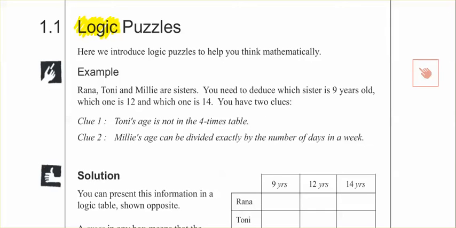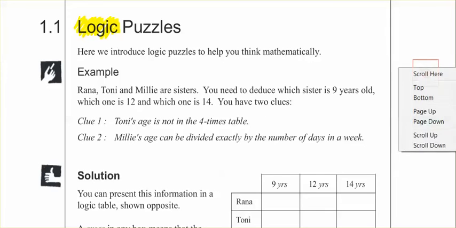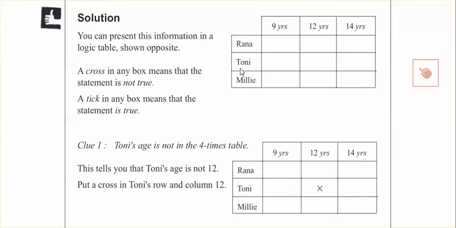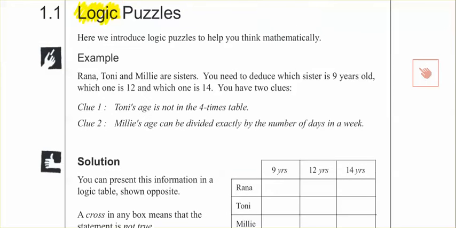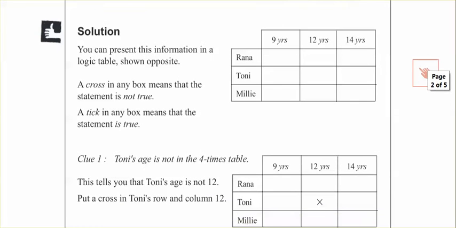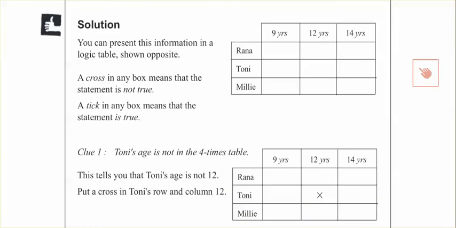So that's why we've got here in our diagram, we've got Tony, Rana, Millie written down, okay? And we know that one of them is 9, one of them is 12, one of them is 14. So we've written that along the top. That is then a really nice way of structuring our work to figure it out.